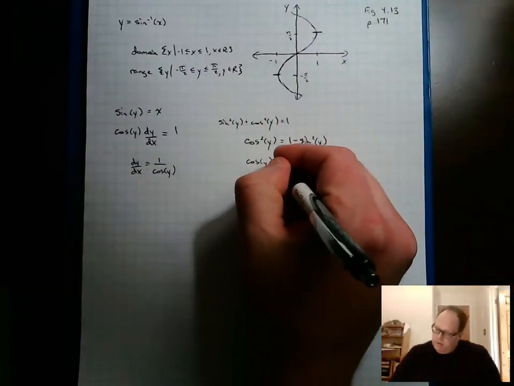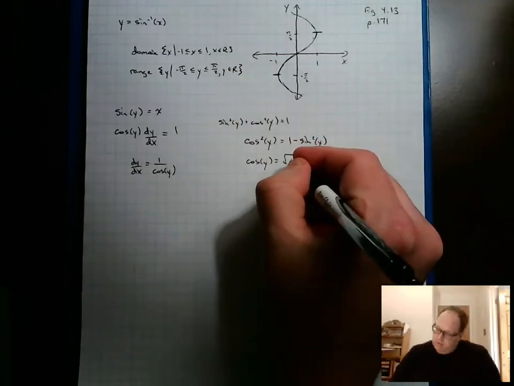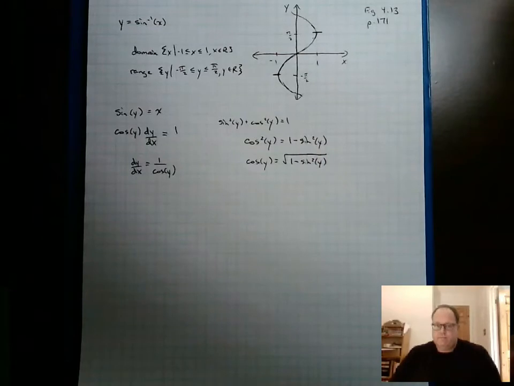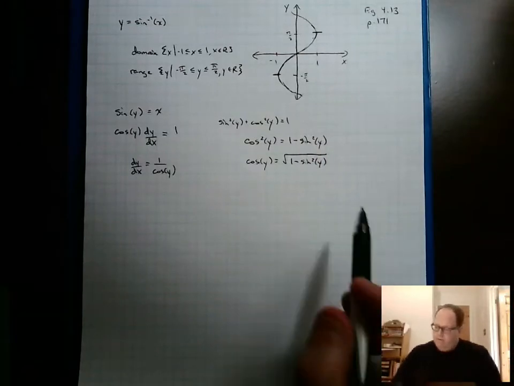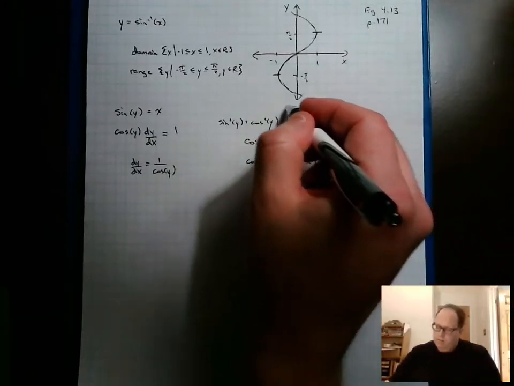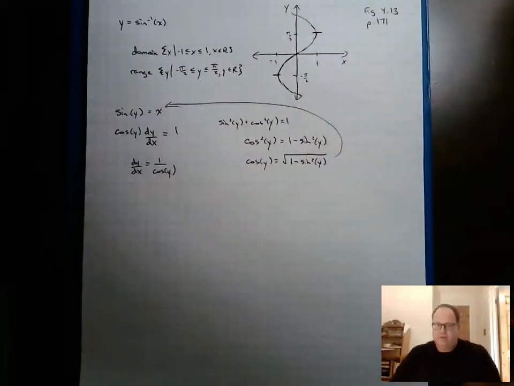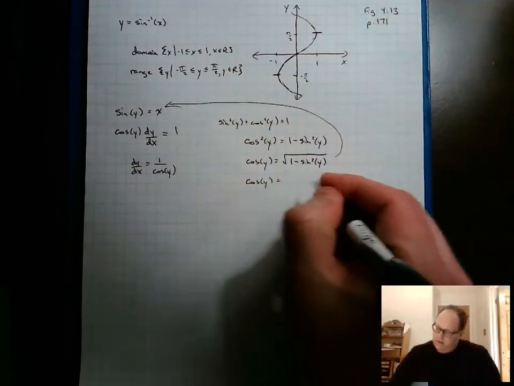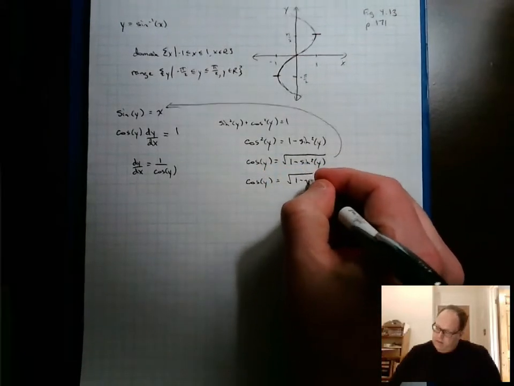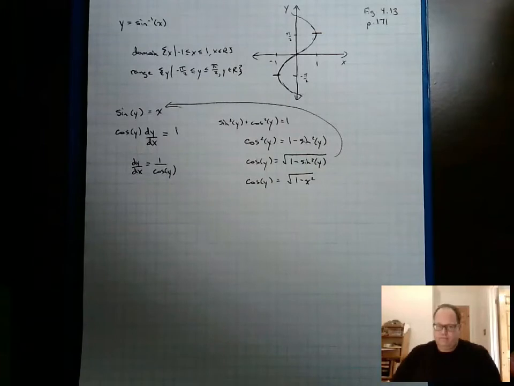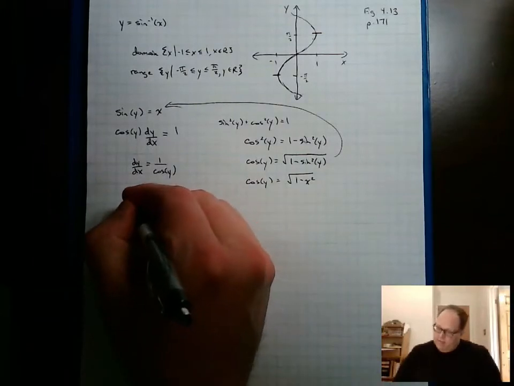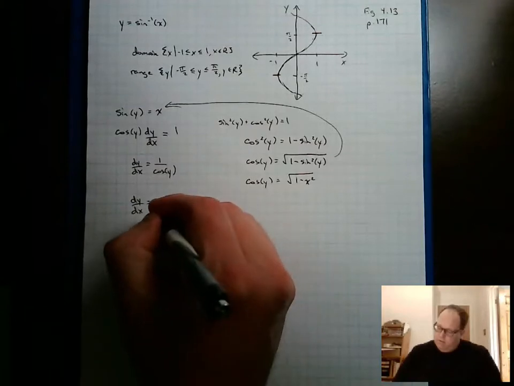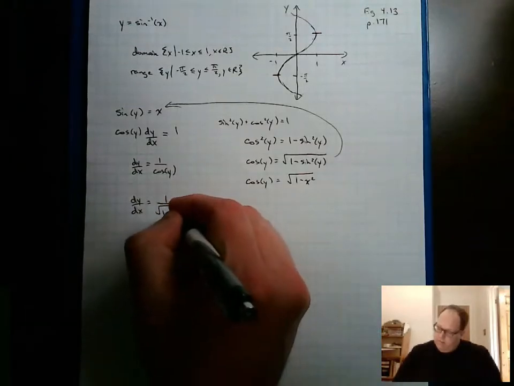Or cos y equals the square root of 1 minus sine squared y. But, if you recall from before, we have that sine y is equal to x, so I can restate this as the cosine of y is equal to root 1 minus x squared. And I can restate the derivative as dy dx equals 1 over root 1 minus x squared.